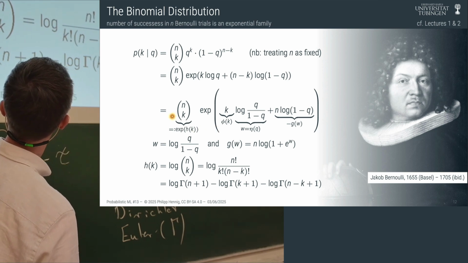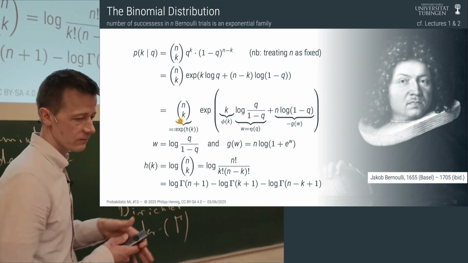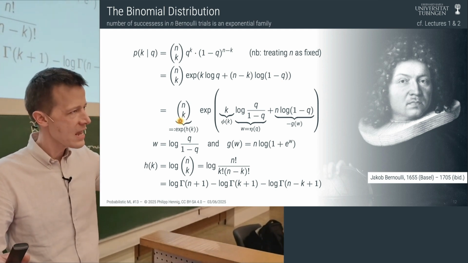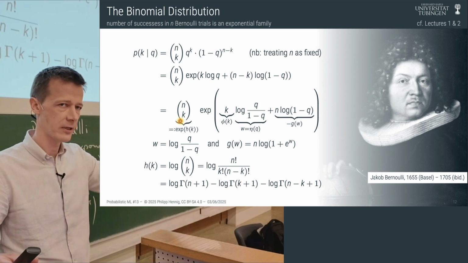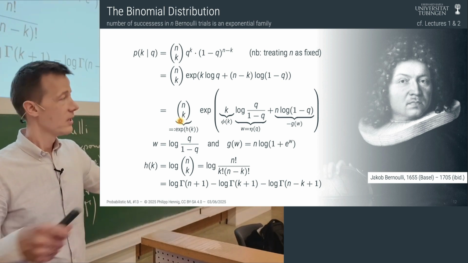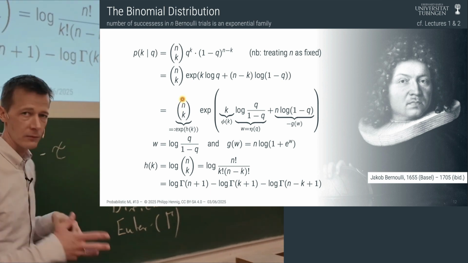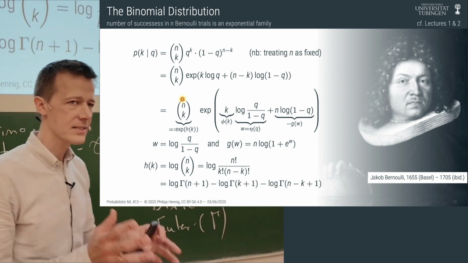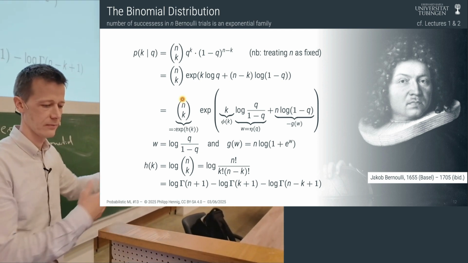So first of all, there is something out here in front. Realize that k now is our x. In this instance, the number of successes is the random variable. It's x. So here is a function that only depends on k, assuming that we know what n is. And that's the carrier measure, h of k in this case.